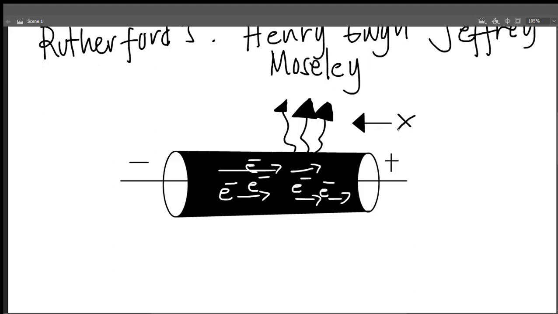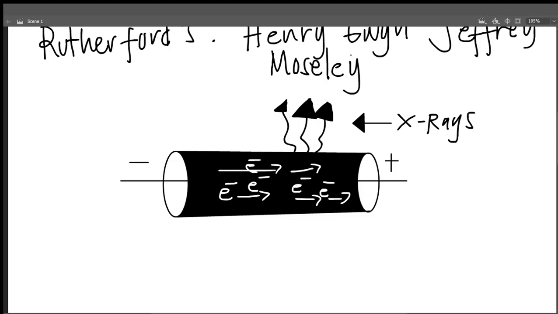We have here X-rays. In an X-ray tube bombarded with fast-moving electrons, Moseley found out that the wavelengths of X-rays emitted decreased regularly as atomic weights of the elements increased.